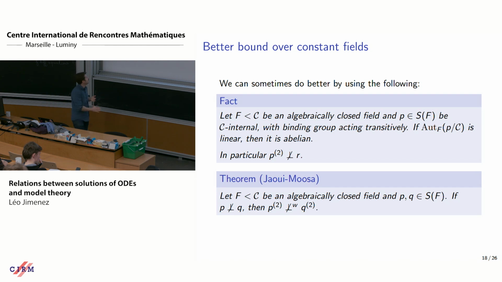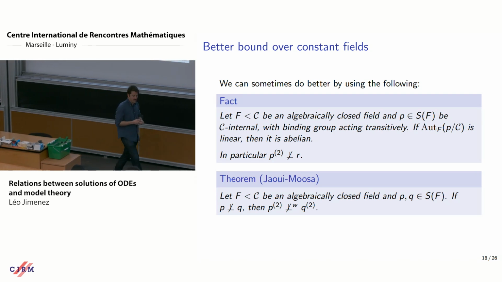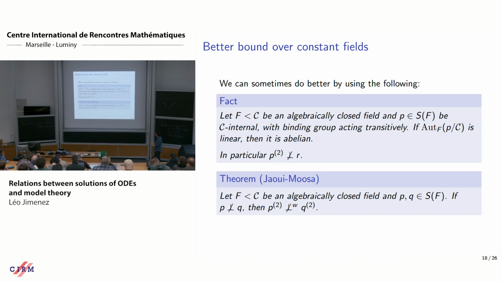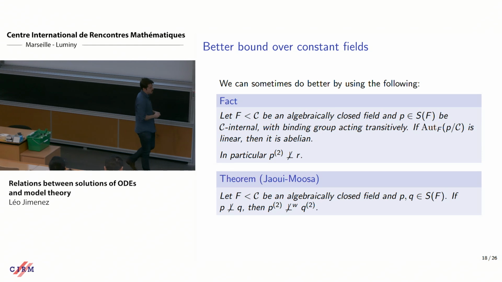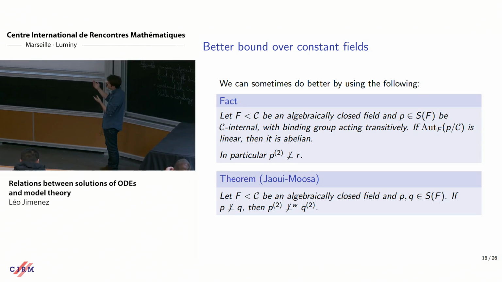Okay, so sometimes we can do better by doing this. If F is an algebraically closed field of constants, and I have a C-internal type with binding group acting transitively, if this Galois group is linear, then it's actually abelian, and in particular, because it's abelian, you get P squared not weakly orthogonal, again, to R. And this is a result of Freitag and Moosa that if F is an algebraically closed field of constants, and P and Q are types over F, if they're non-orthogonal, then P squared and Q squared are already not weakly orthogonal.